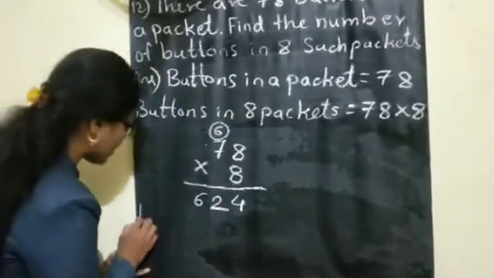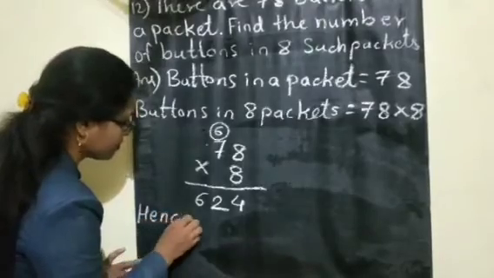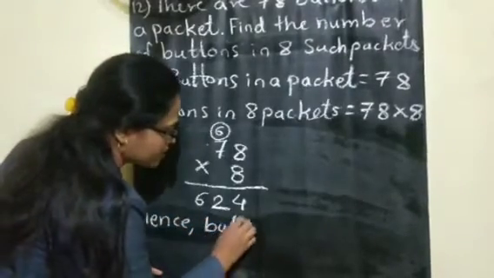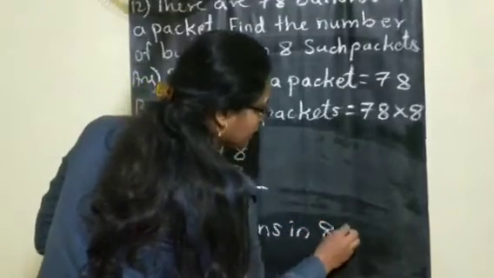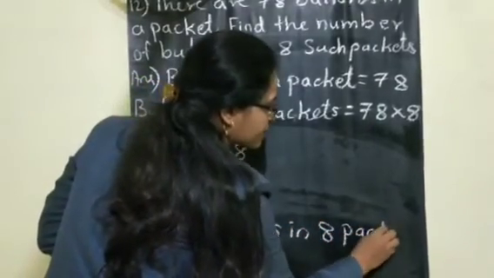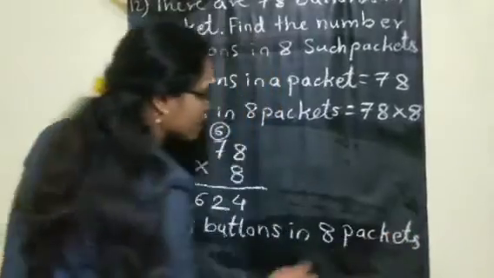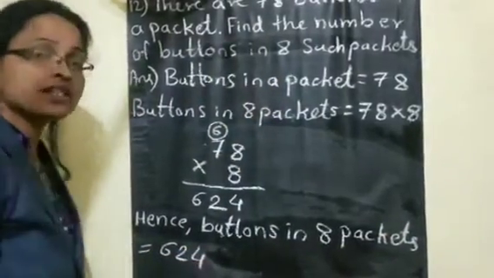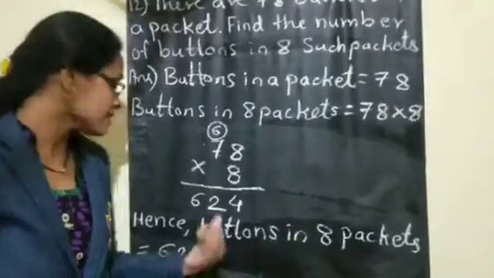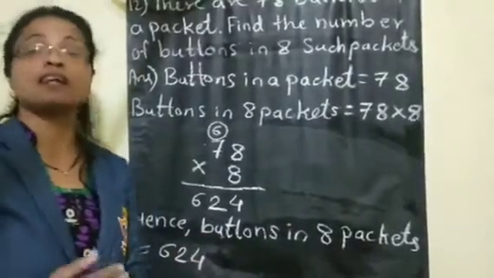So you have to write hence, buttons in 8 packets is equal to 624.